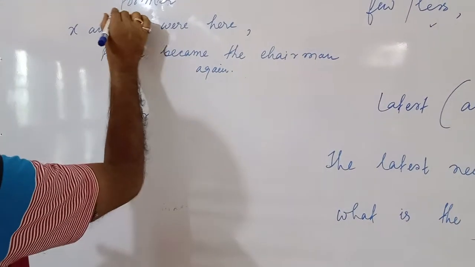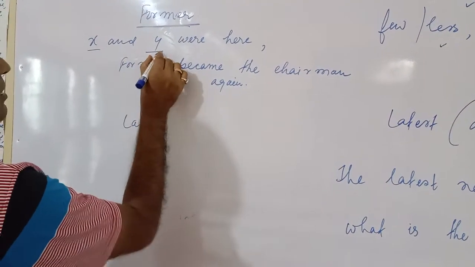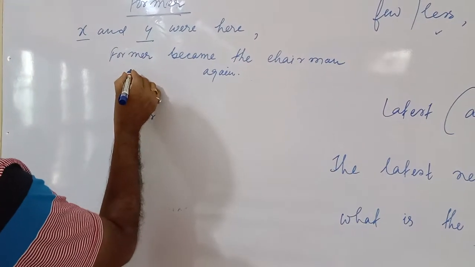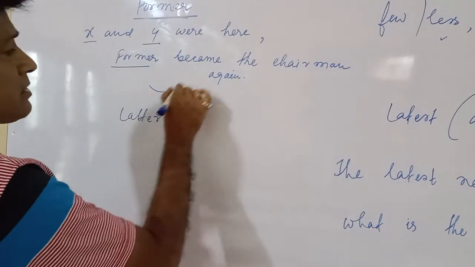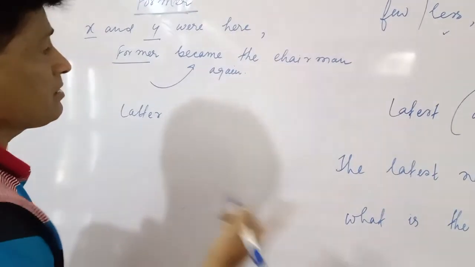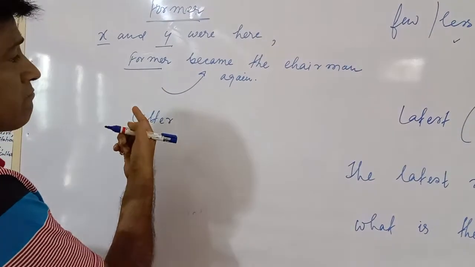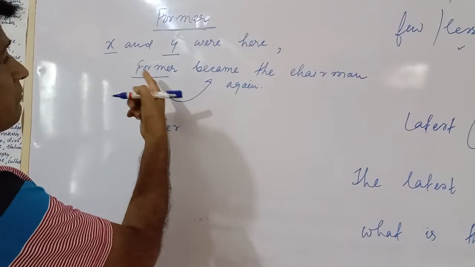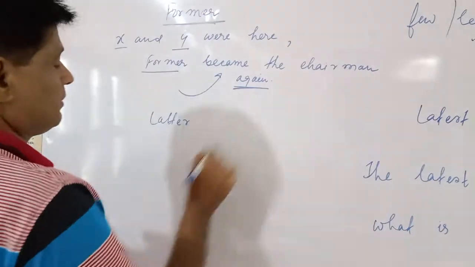So here former defines two persons were here, X and Y, denoting that both were present in the same place, but the former became the chairman again. The period of time is the same, but it denotes the first one. He became the chairman again.